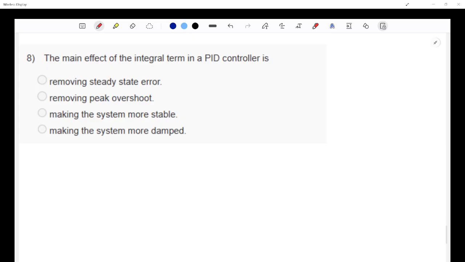The main effect of the integral term in a PID controller is removing steady state error. I think this should always strike you right away. The other options are removing peak overshoot, making the system more stable, making the system more damped. No. We know that in a PID controller, the output is basically Kp into e(t) plus Kd into e dot(t) plus Ki into integral of e(t) dt.